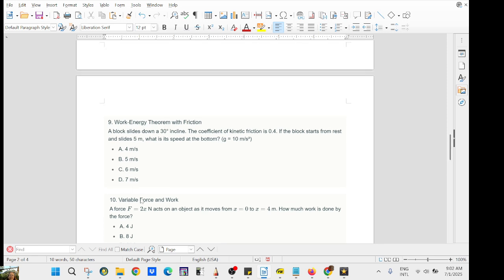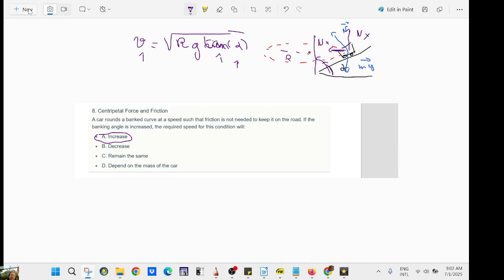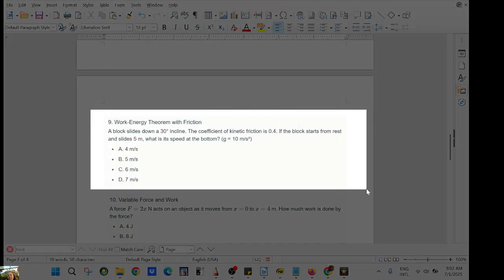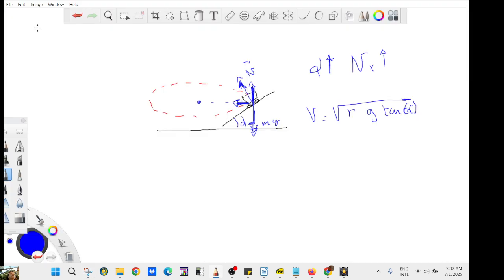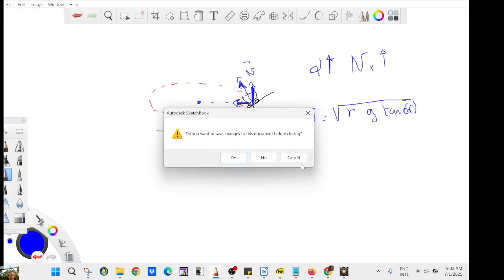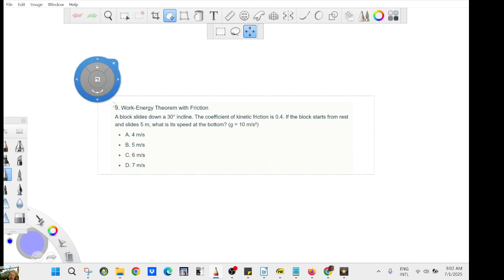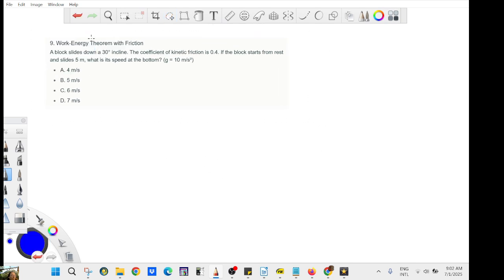So this one, we want to find, it's an inclined plane problem, and it will be easier if you use conservation of energy to solve it, right? So we can use conservation of energy here. You have an inclined plane.